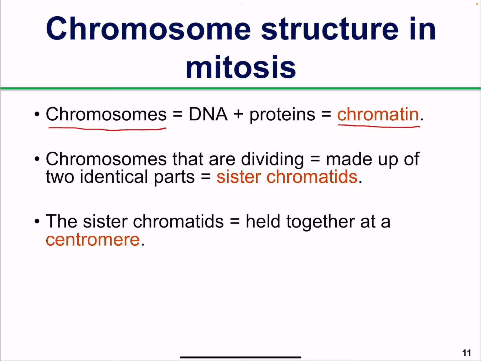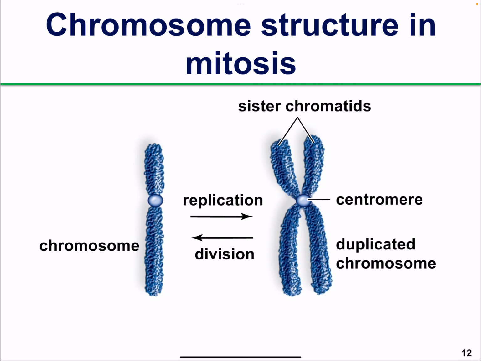All right? Now, during mitosis, each chromosome is going to replicate, right? The two identical DNA molecules are going to be held together through a centromere, right? That centromere is what is going to hold the two copies of the DNA that now we call sister chromatids together, right?